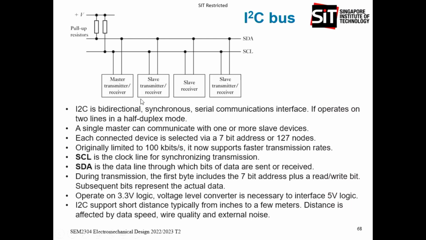One is 067, the other one is 071 or something. So I can send separate information to the 2 different devices. All right, so this is how I2C works. We can connect up to 127 of them, and the clocking speed is limited to, again, 100 kilobits per second.